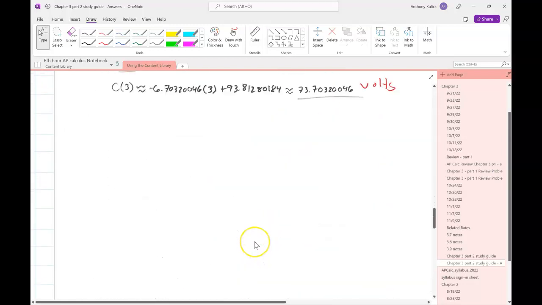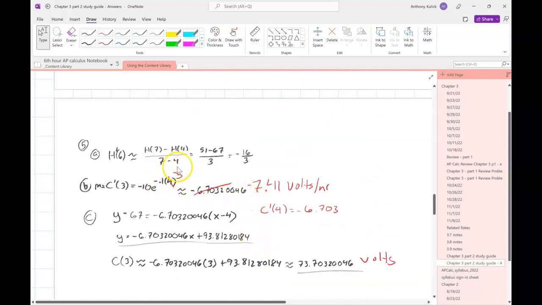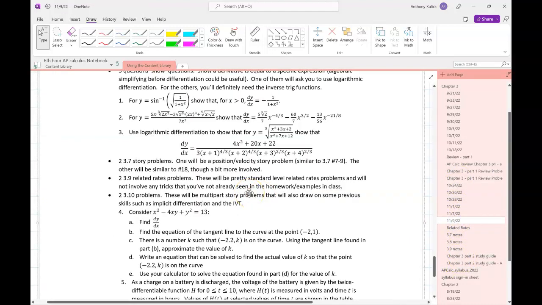And then I made a typo on 5B. So again, I updated the key there. I started off doing the right thing, plugging 3 in, then I plugged 4 in. I don't know why I did that. Actually, I do know why: I wrote the question and ended up not writing what I intended, but it's fine.